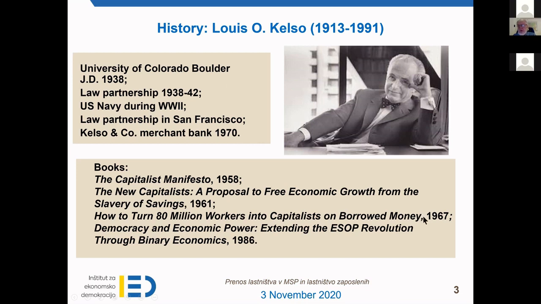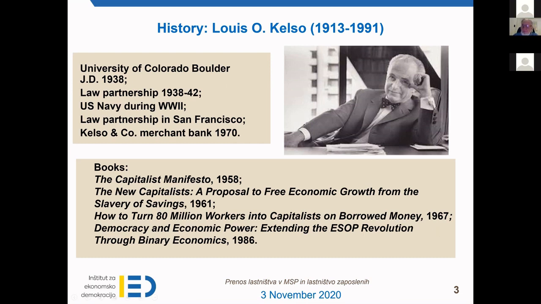So this is an idea that came out of the right-wing or conservative tradition in America. Kelso famously said that the main problem with capitalism is that there are not enough capitalists. And so he devised this plan to automatically bring the employees in a company into ownership of shares through the ESOP.